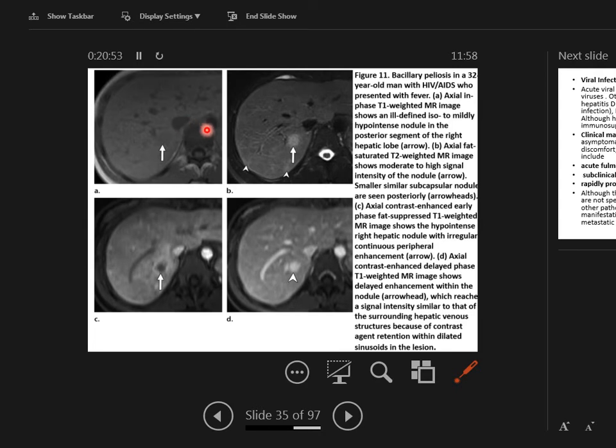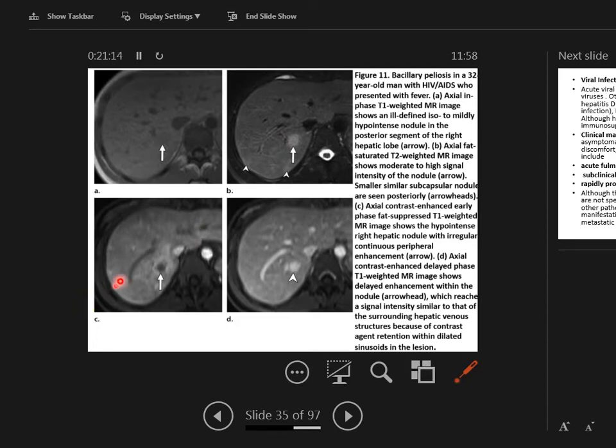This is MRI, axial T1 weighted image, an ill-defined nodule in the liver, and this is T2 fat saturation, moderate high signal intensity.